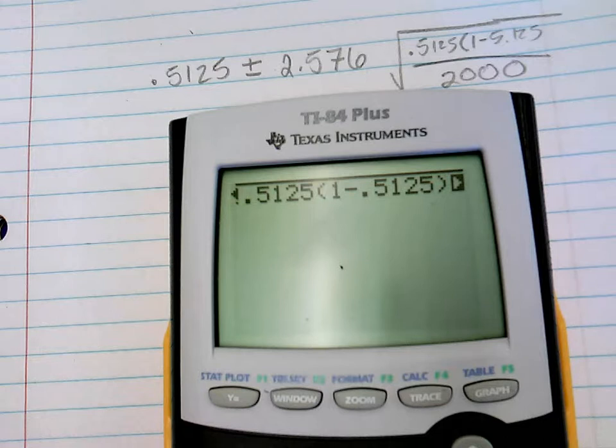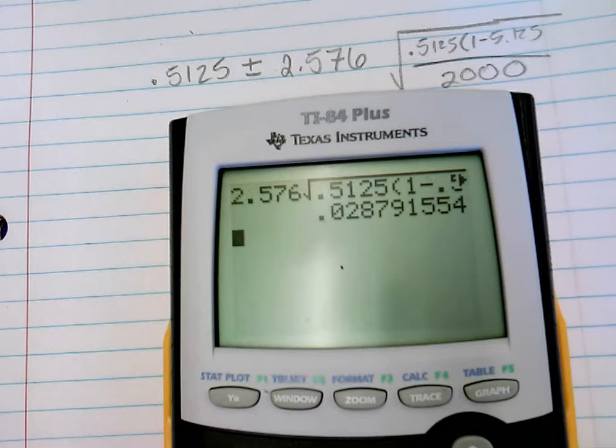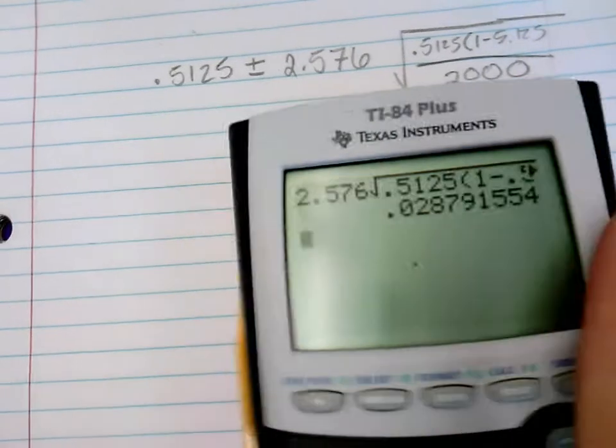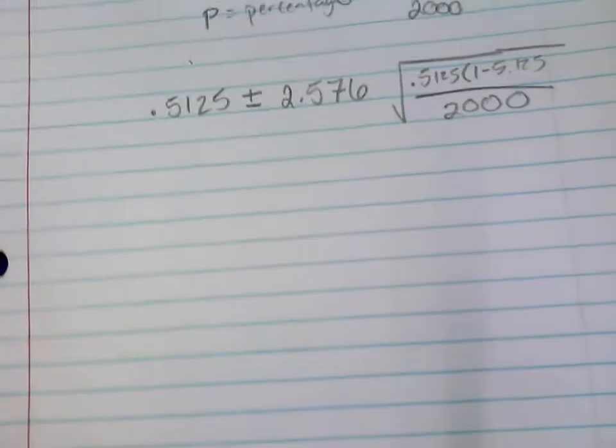That part I did have to put in parentheses. Divided by 2,000. What that gives me is 0.0287, or 0.0288. So I'm going to use 0.0288.